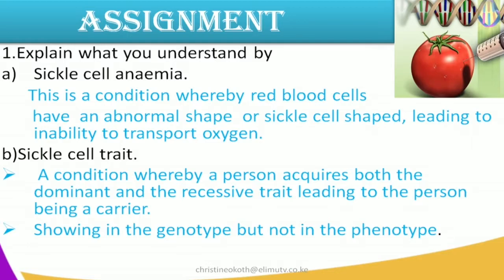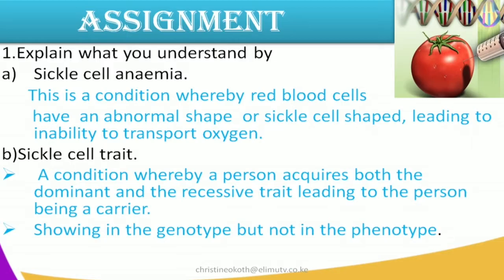We said that sickle cell anemia is a condition whereby the red blood cells have an abnormal shape. Therefore, they tend to have the shape of a sickle. Due to that sickle shape, they are unable to transport oxygen.